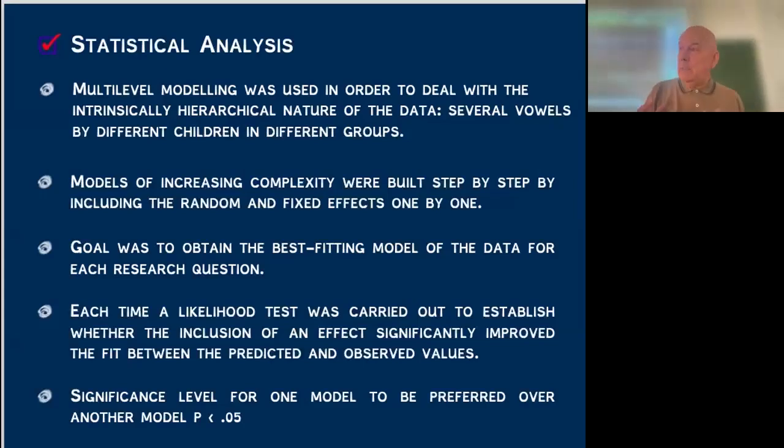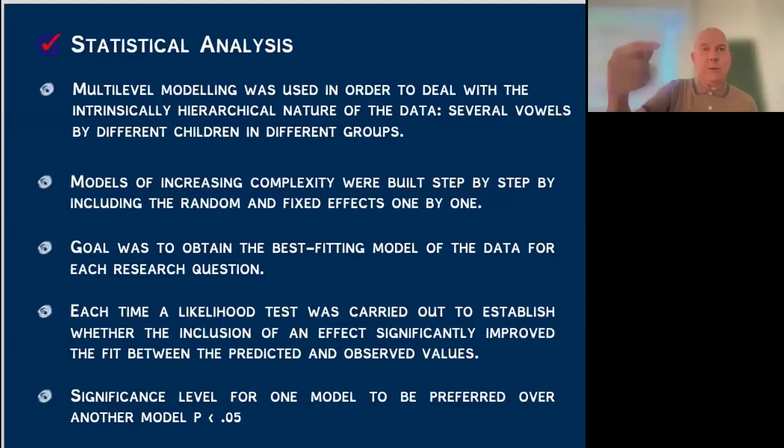And in building the models, we constructed models of increasing complexity. They were built step by step, including random and fixed effects one by one, in order to really obtain the best fitting model for each of the research questions we had.